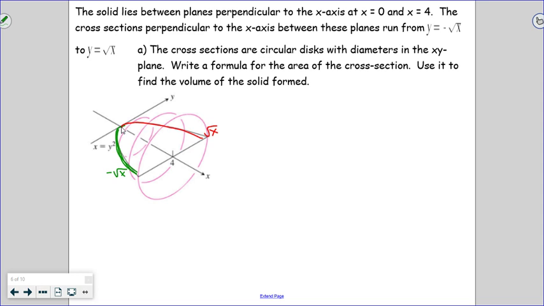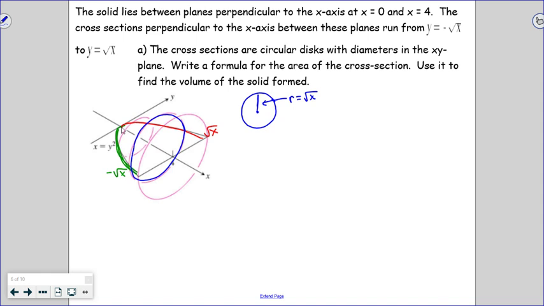So again, if we just zero in on one cross section that's falling between those two functions, one radius on this, because they are circles, so as we move towards our area formula, we do want to talk about the length of the radius, which would be the square root of x.